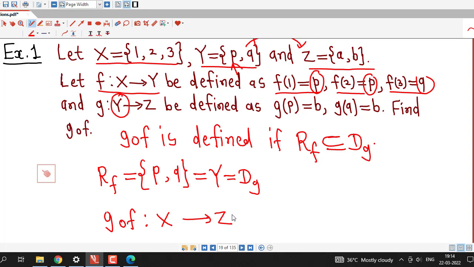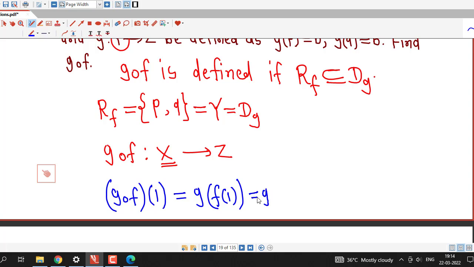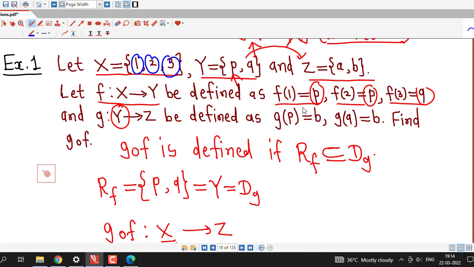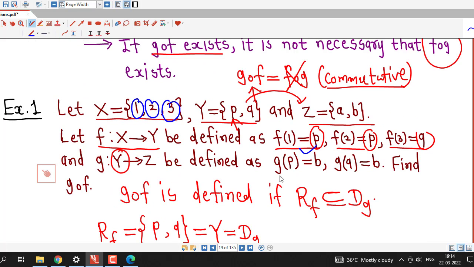So we have to find out value of g o f at each point in this set X. Set X contains 3 elements 1, 2 and 3. So we have to decide g o f at points 1, 2 and 3. First we find out value of g o f at point 1, which is by definition g of f of 1. Now f of 1 is p, and value of g at p is b.